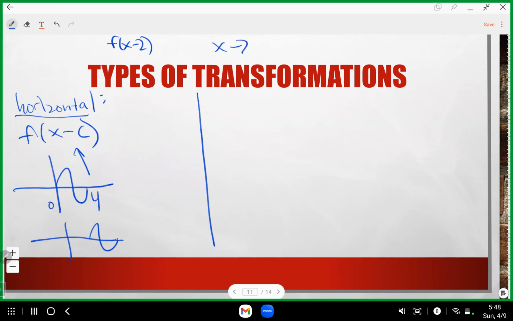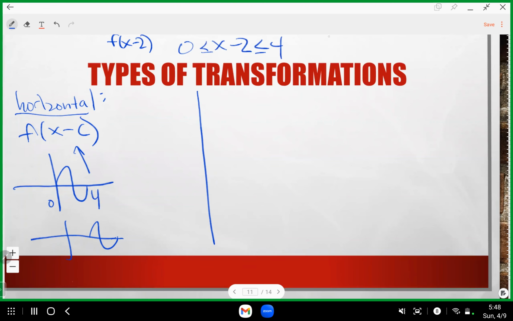If you put in the change x minus 2, you can see that the change in domain is going to be shifting right, meaning that when you solve for x, it's going to be between 2 and 6. So when you horizontally transform this, make sure that when you're subtracting something, you're actually moving it to the right, and when you're adding something, you're actually moving it to the left.